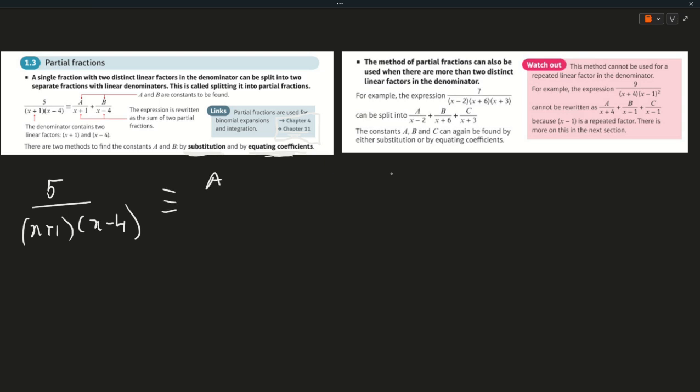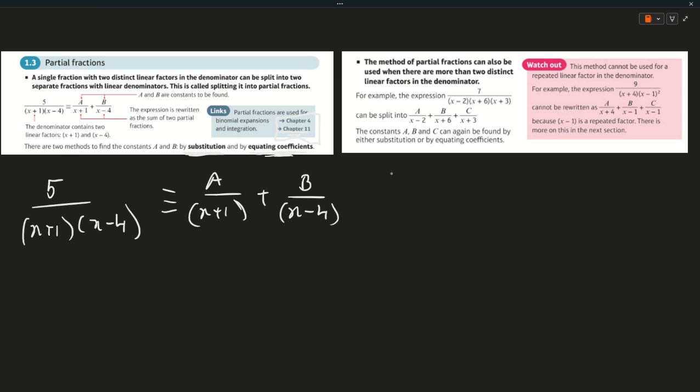Note that they use the identity notation here. This is not an equation, this is an identity. What that means is that there is some way in which we can rearrange this to always fit into this exact form right here. That's what the identity means.